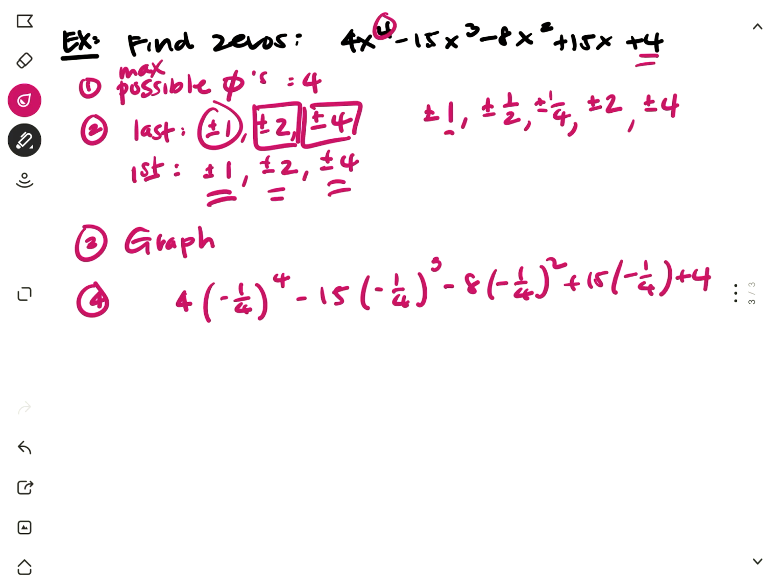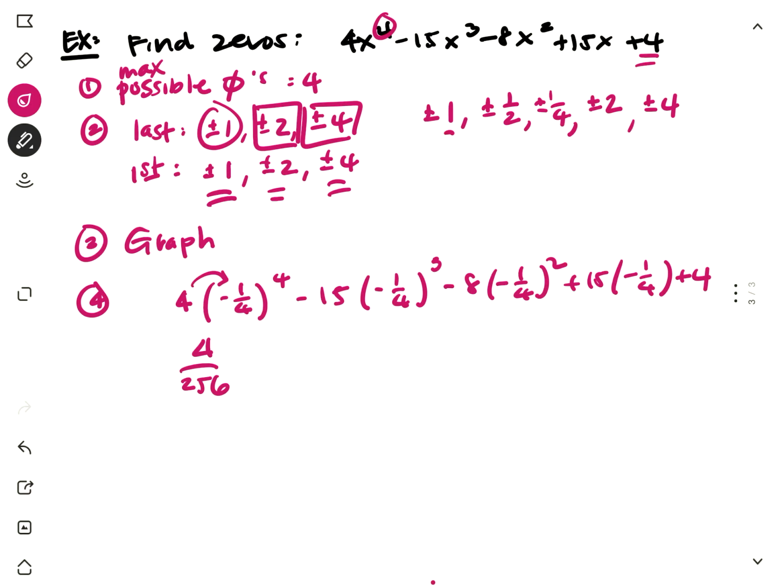That's going to be 4 times 4 times 4 times 4. What is 4 to the 4th? 256. So 4 times 1/256 is going to be 4/256.